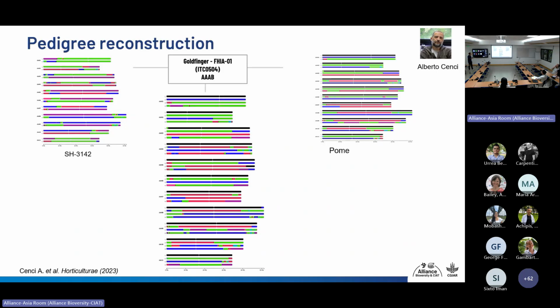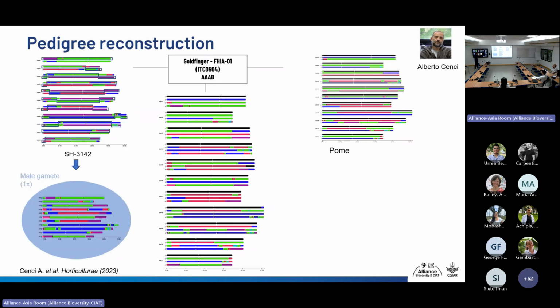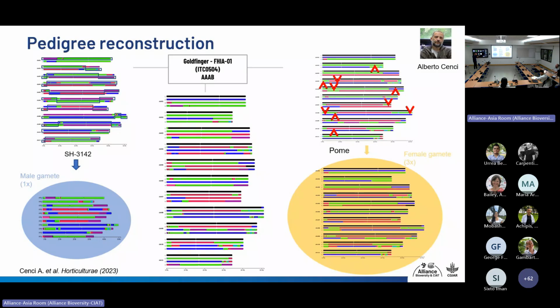Looking at that, our colleague in the team, Alberto Cianci, could compare those patterns, look at the differences, and was able to look at the recombination that occurred to produce a gamete, the 1X gamete here, and did the same in the triploid banana to look at the second gamete. So with this system, we can track what happened during the meiotic recombination, which can be quite useful.